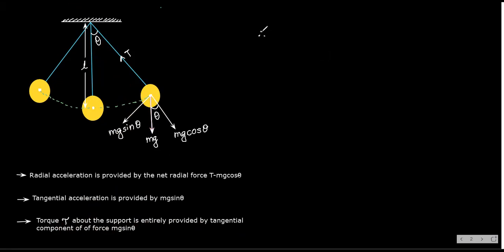So let's see what is this torque. Now you can see here, this torque tau is equal to this component into this perpendicular length. Basically, we have the formula, force into perpendicular distance. This is the torque formula.